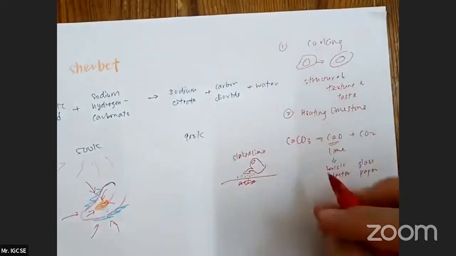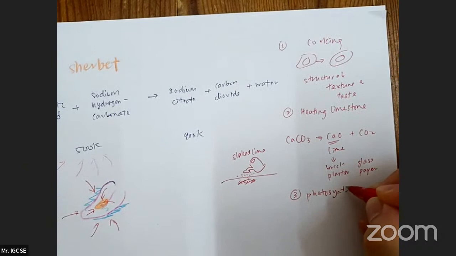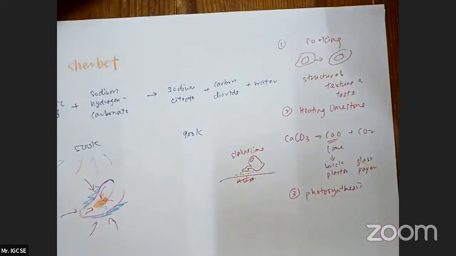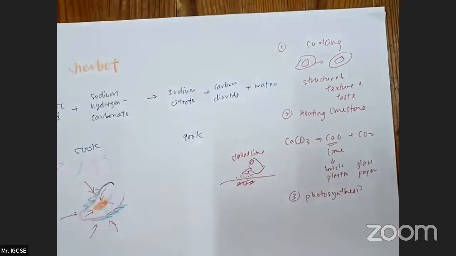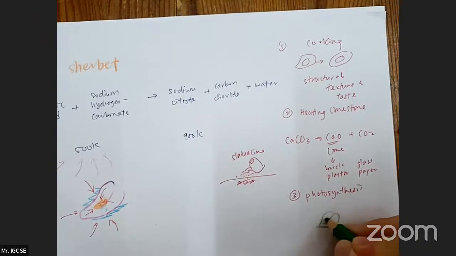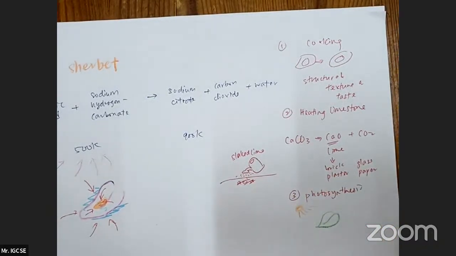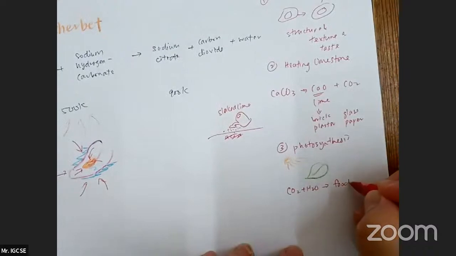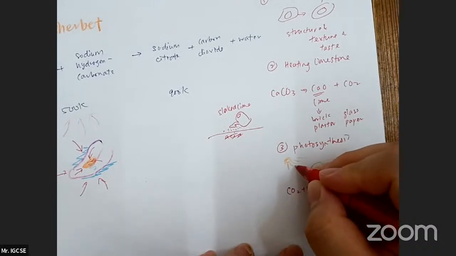The last one will be photosynthesis. The leaf takes in the energy from the sun to convert CO2 plus H2O, this is not balanced yet, to become food and oxygen, and in between a lot of energy is coming in.